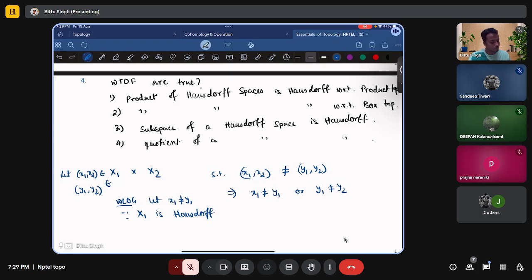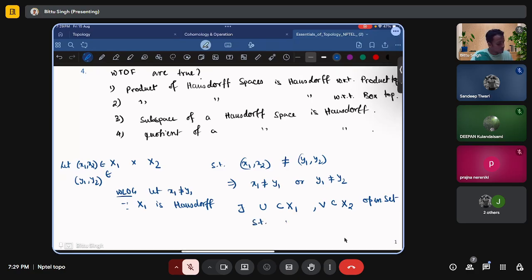Then since X1 is Hausdorff, there exist two open sets, u and v, which separate x1 and y1, such that x1 belongs to u, y1 belongs to v, and u intersection v is empty.